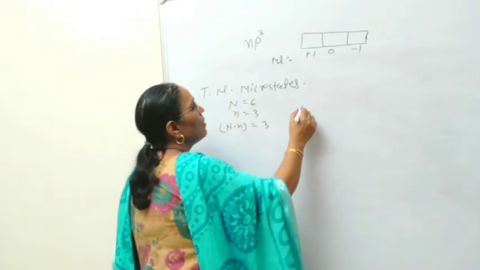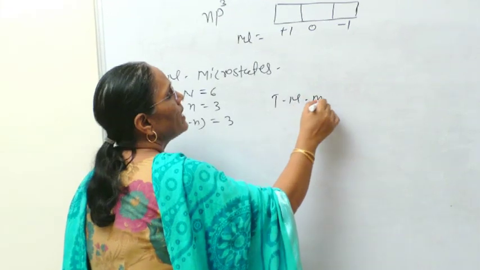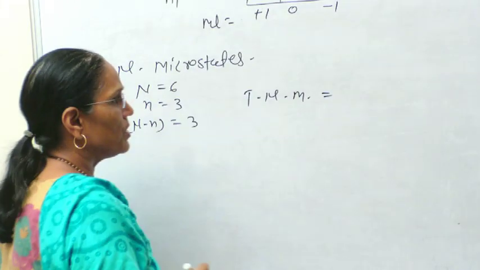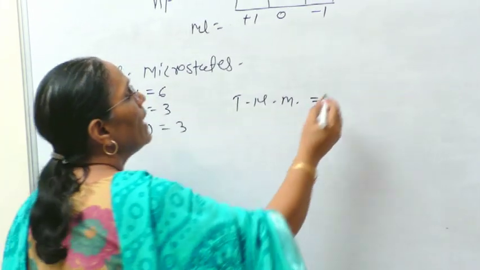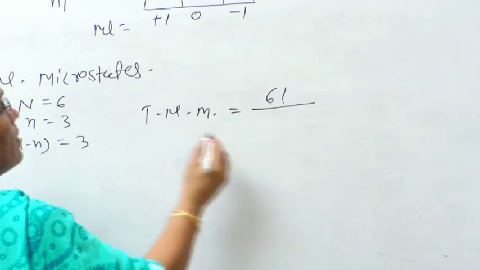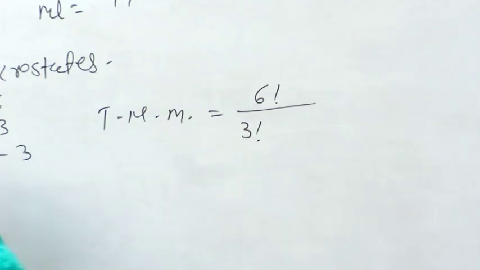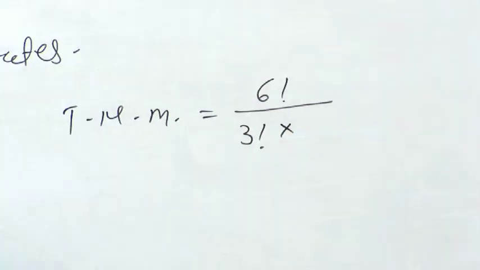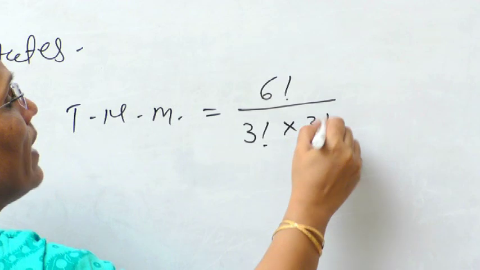Therefore, total number of microstates for p3 configuration are, according to the n factorial equation, 6 factorial by 3 factorial into 3 factorial.